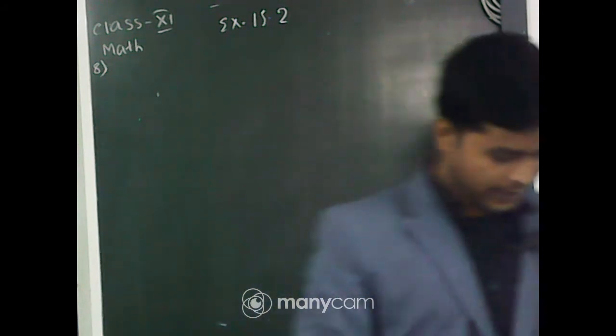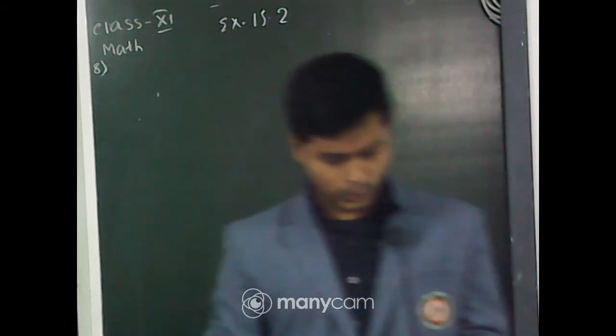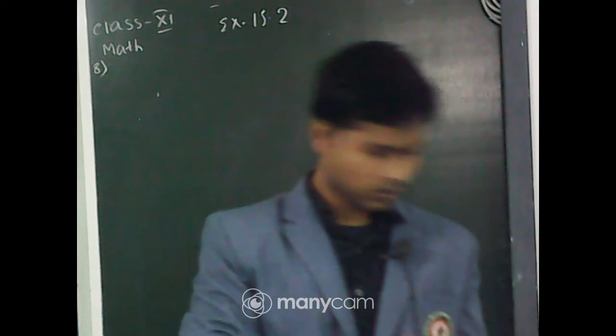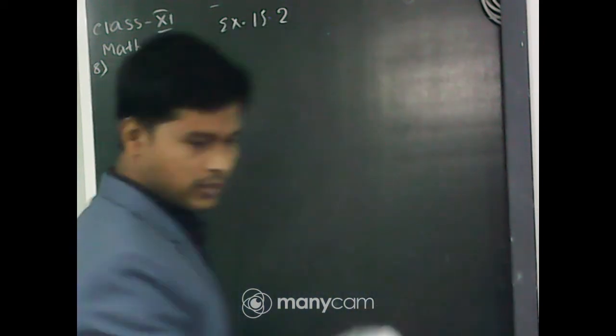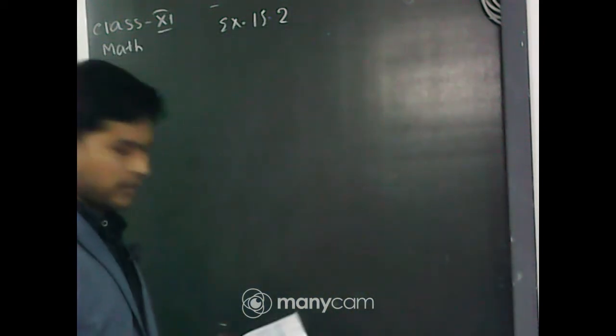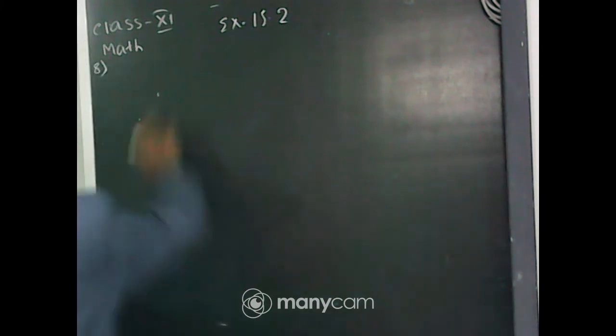Find the mean and the variance of the following frequency distribution. One table is given here. We have to find the mean and the variance of the distribution. So let's write the table.